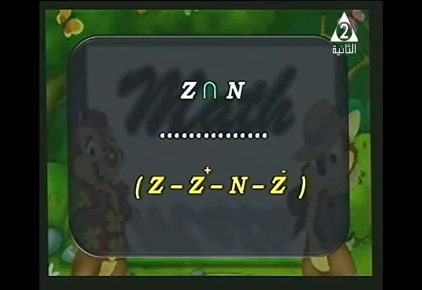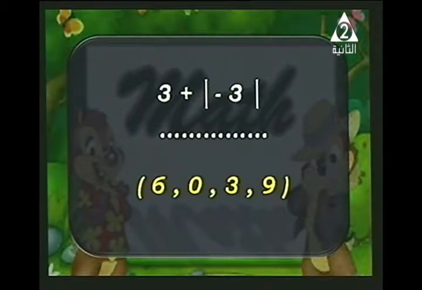Z intersection N equals N. Then 3 plus absolute negative 3 equals what? Is it 6, or 0, or 3, or 9? You know that absolute negative 3 is going to be 3. So 3 plus 3, then the answer is going to be 6.